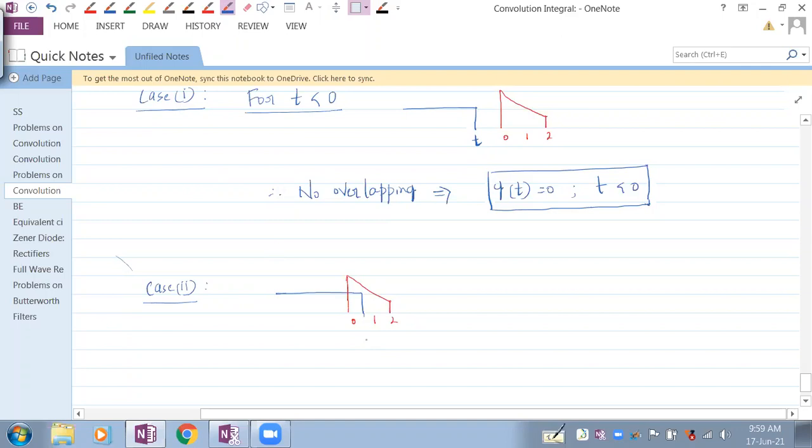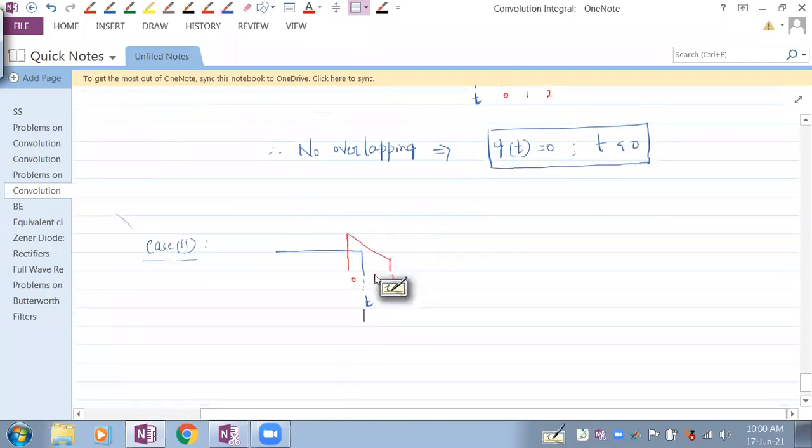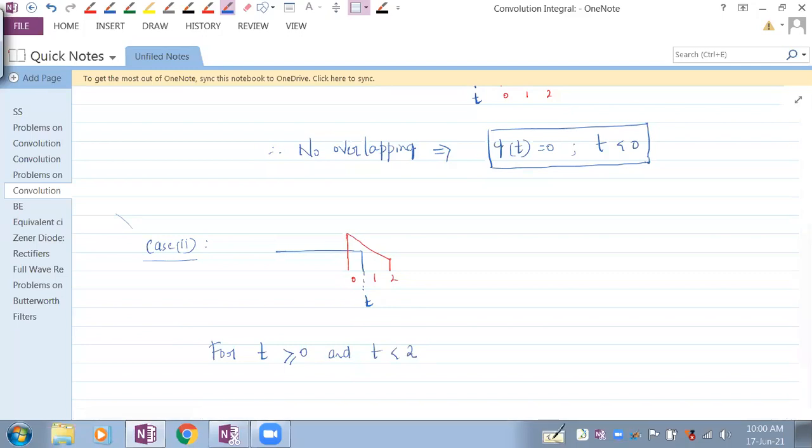This is t, mind you. Now, which case is this? Overlap. For t greater than or equal to 0 and t less than 2. Yes or no? It is t greater than or equal to 0 and t less than 2 is your second case.